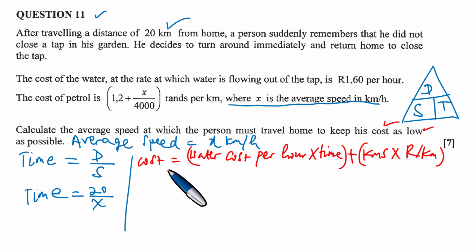So there are two costs associated with that: the cost of the water and the cost of the petrol.